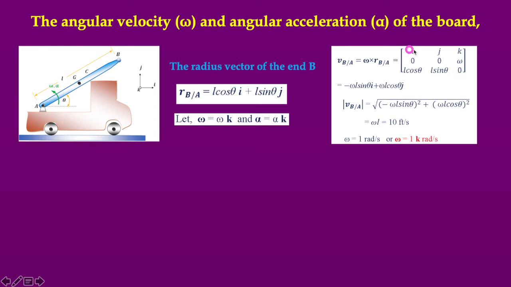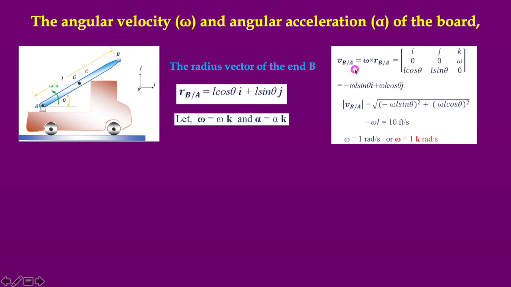Now go through the cross product of these vectors and we get the relative velocity vector for B. So V_BA is the relative velocity of B with respect to A. Now the absolute velocity of B is the combination of this V_BA and the velocity of A, which is given.